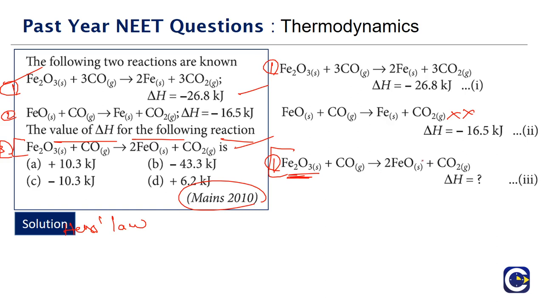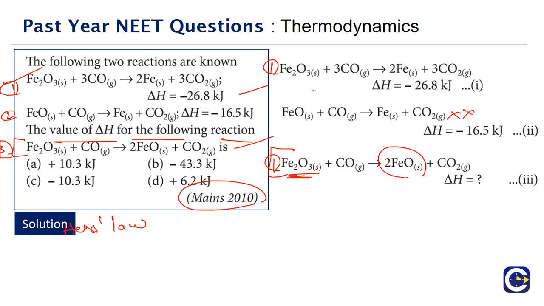Now the third equation has 2 moles of FeO on the product side. See why I am not talking about CO or CO2. CO and CO2 are coming in both equation 1 as well as equation 2. That is why I am focusing on exclusive substances.